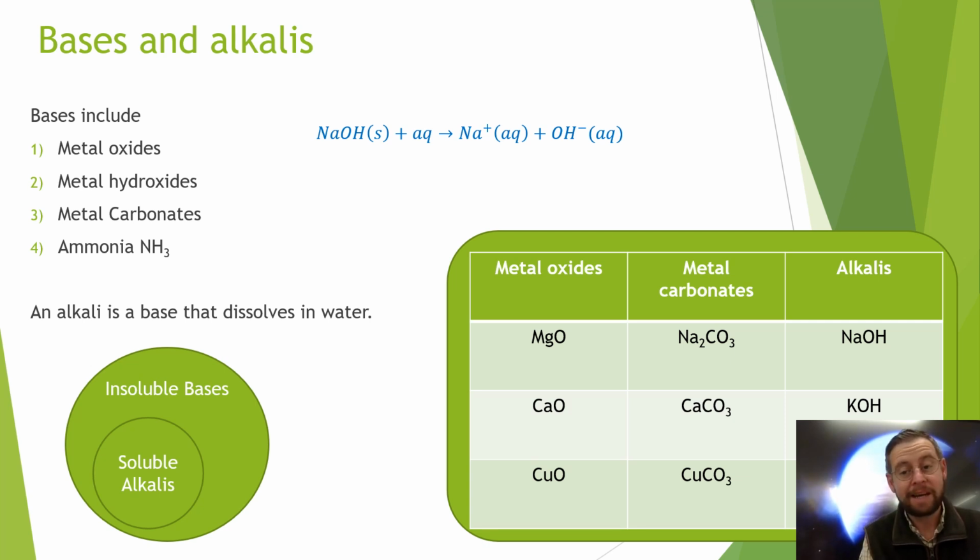A metal carbonate, they all contain that CO3 group, sodium carbonate and calcium carbonate. Whereas the alkalis quite often involve the hydroxide group, being very soluble, sodium hydroxide, potassium hydroxide, and the rest.